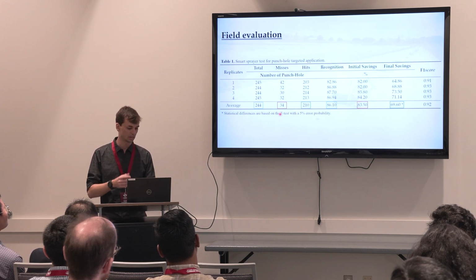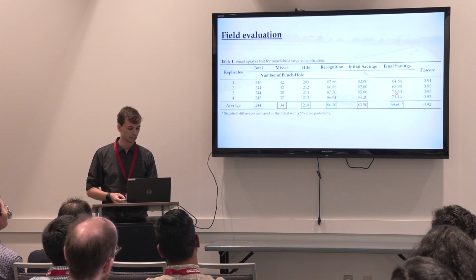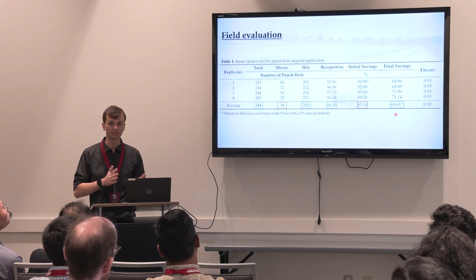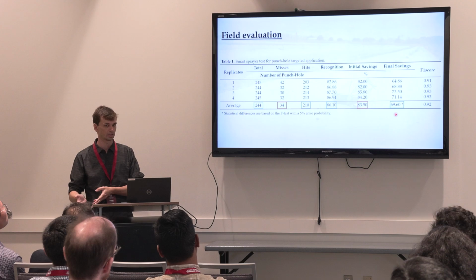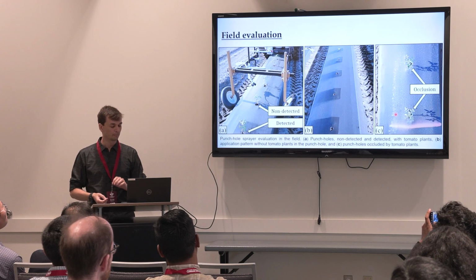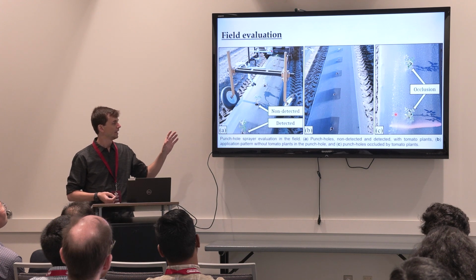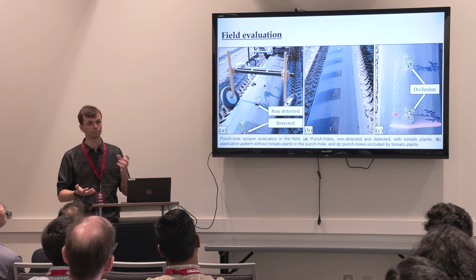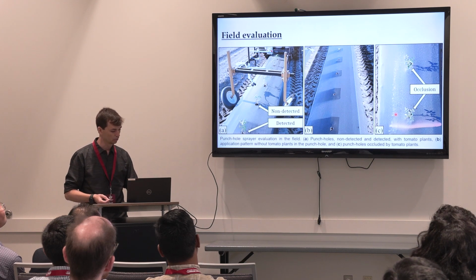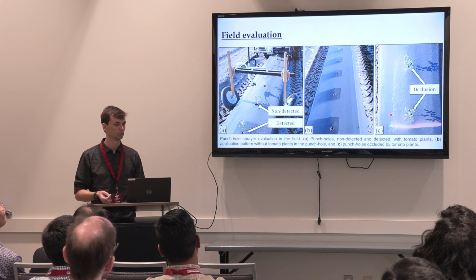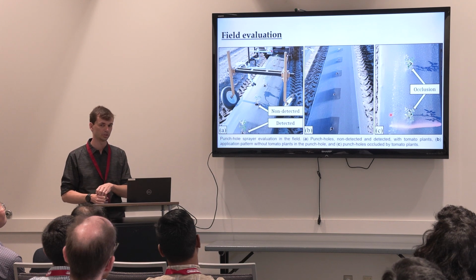So when we take everything into account, the final saving was 70%, which means we are applying 70% less herbicide compared to the traditional way. The problem we noticed in the field is due to occlusion, because since some punch holes were open without plants, and some of them with plants, we have occlusion, so the model was not able to see the punch hole.